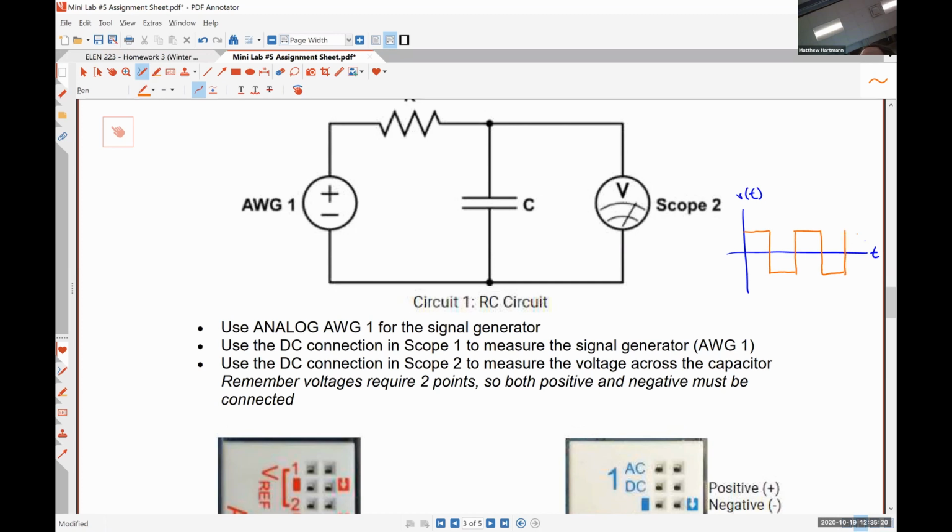So at no point are we actually having 0 volts. It's switching back and forth between, I believe, positive 2 volts and negative 2 volts. So we're really going to be considering what we count as t equals 0 and what we count as t equals infinity in this case.